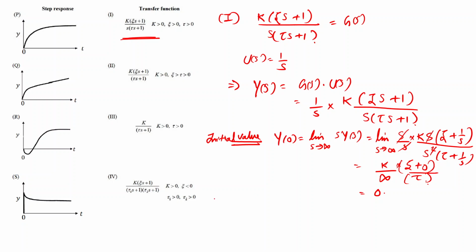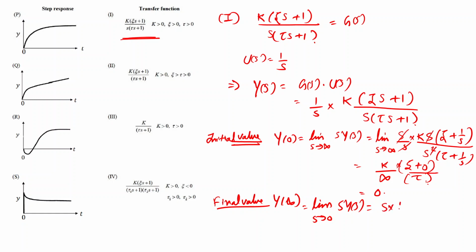Now we can find the final value, that is at time t equal to infinity. What is the value? We can find it by limit s tends to 0 of s times y of s. So we can just put the value of s as 0 in this equation.